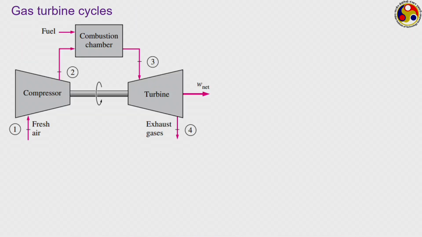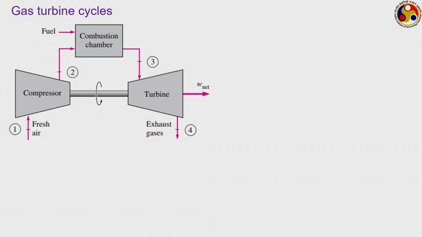So, this is a typical open cycle kind of gas turbine, where we are supplying fresh air in a compressor first. There this air is compressed to a much higher pressure level, and also temperature increases simultaneously. Now, this high pressure air is taken to the combustion chamber, where we are also spraying the liquid fuel. Inside the combustion chamber, combustion happens, thermal energy is released, and these high temperature combustion gases are subsequently taken to the turbine.